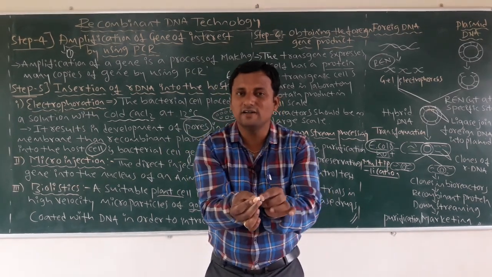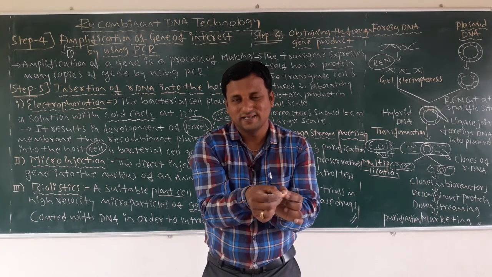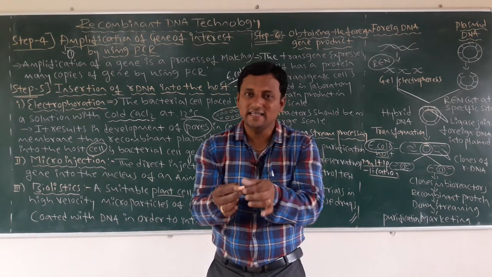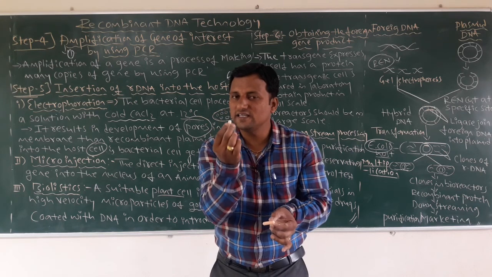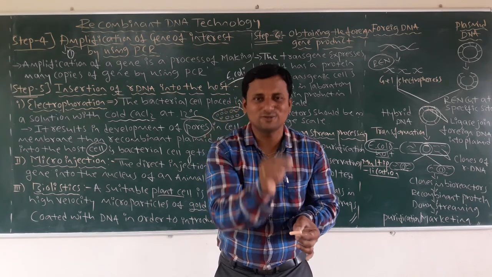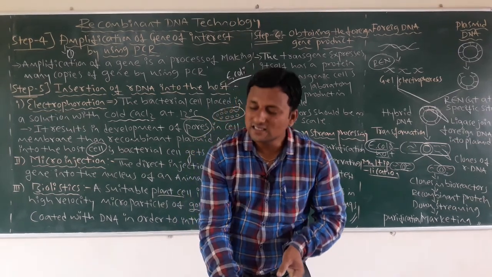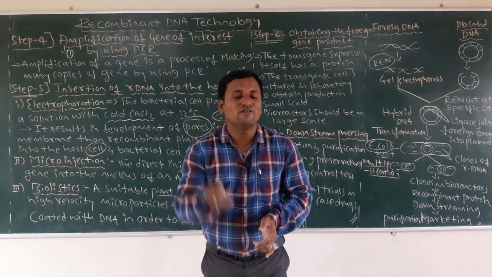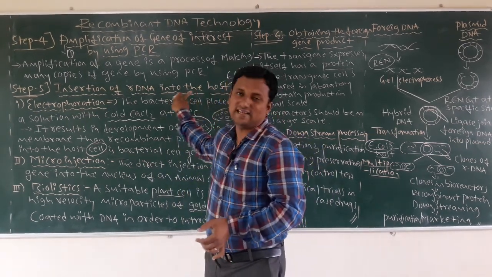Then the coated particle moves along with the DNA molecule, and where it is introduced, we can easily identify it. This radioactive isotope gives the power for the DNA to enter directly into the host cells. So due to these reasons, this method can also be used for insertion of foreign DNA into the host cell.